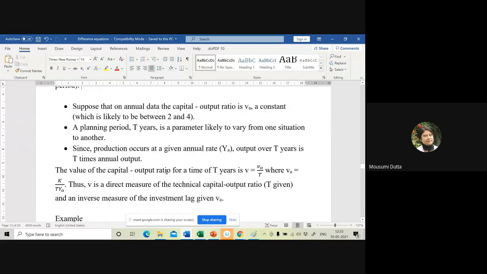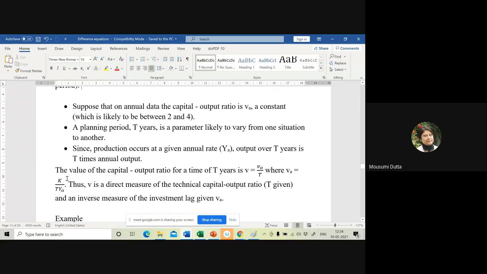The value of the capital output ratio for a given time of T years is V, which is equal to VA, the annual capital output ratio, divided by T. Now VA is K by YA.